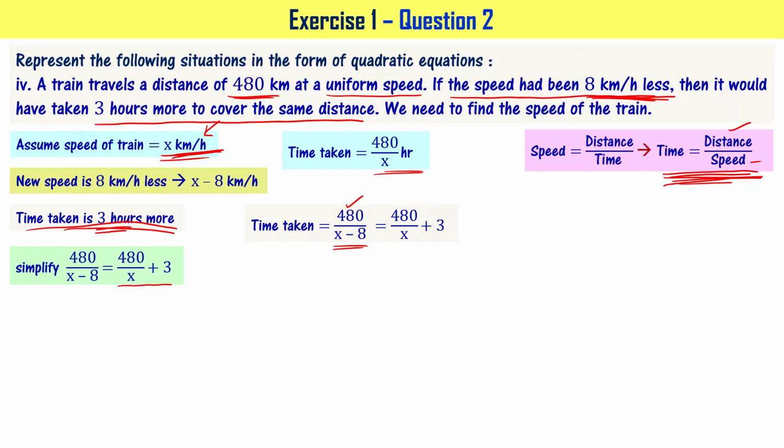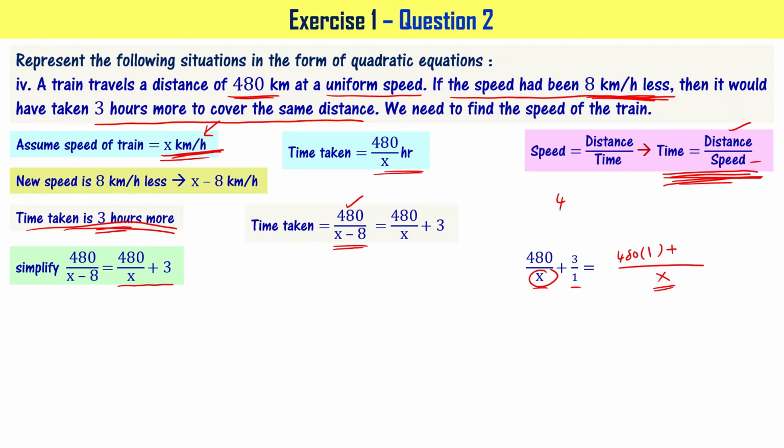For that, let me first simplify RHS. That is 480 divided by x plus 3 by 1, right? Look at the denominators, x and 1. Their LCM is going to be x. Now let me write 480 as is. This x divided by this x is 1, right?